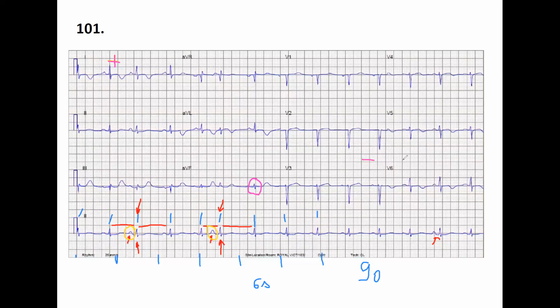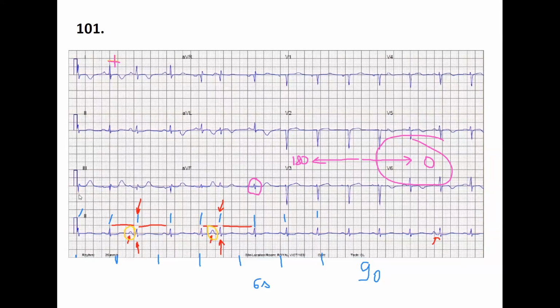AVF is at 0 or at 180. Lead one is positive, so it has to be 0. So the axis is 0, so it's normal. Clear? You got it. Good.